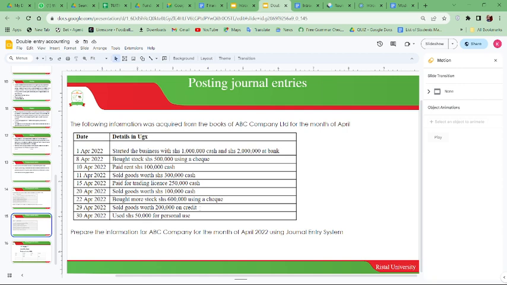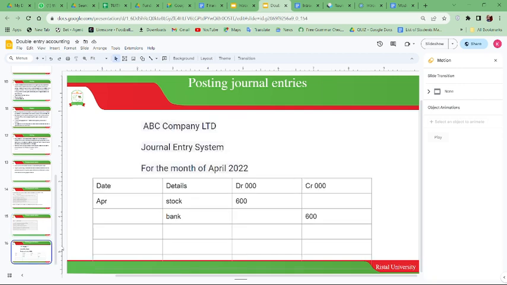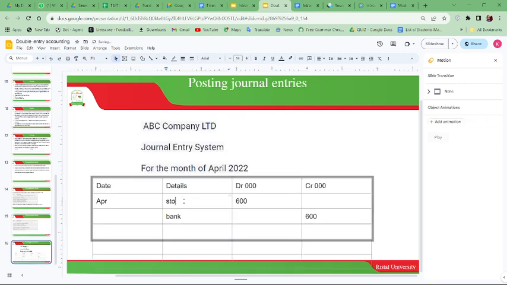So here we look at stock, which is reducing, and debtors increasing. So we have a debtors account, and then we have stock.